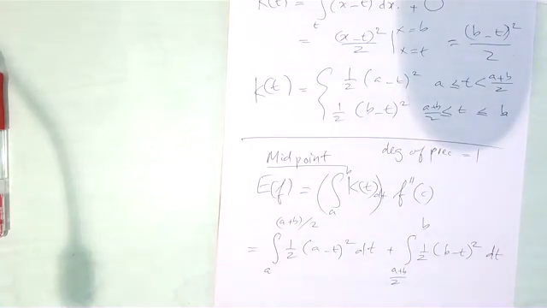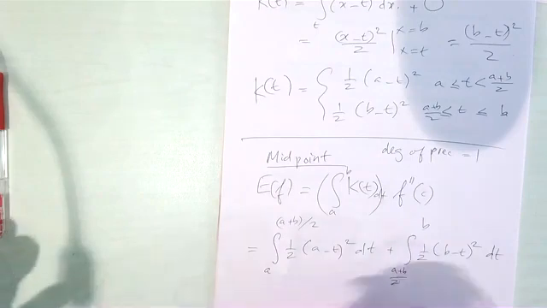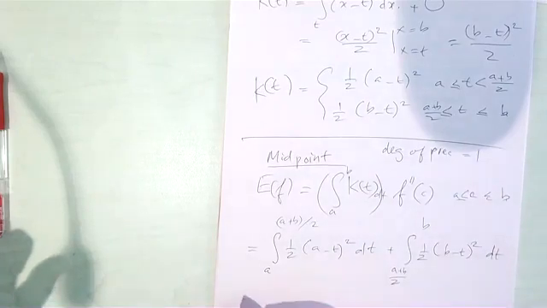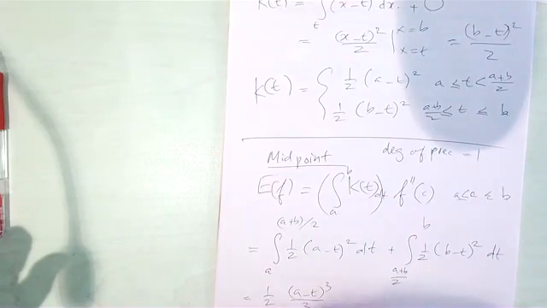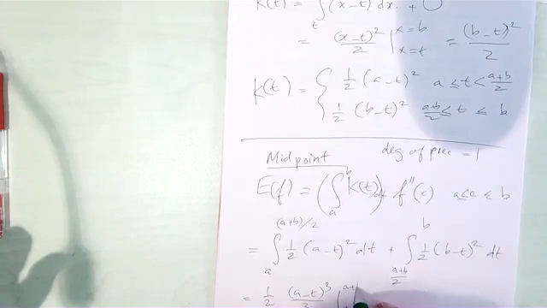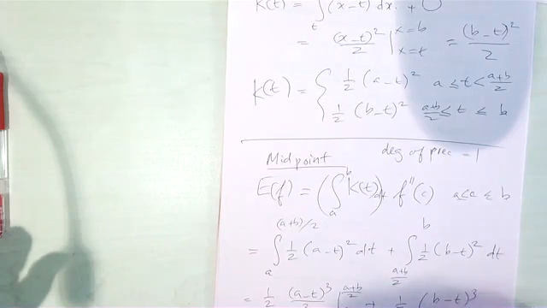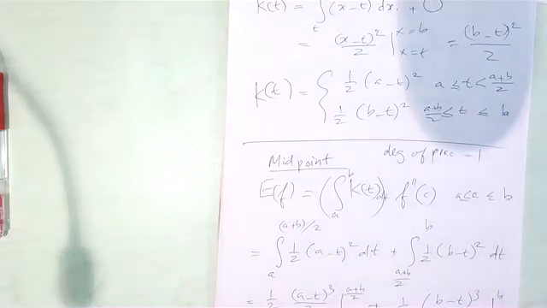It's an integral of the Peano kernel multiplied by the second derivative of f at some point c between a and b. If you do this calculation correctly, it is 1/2 times (a minus t) cubed over 3 from a to (a plus b)/2, plus 1/2 times (b minus t) cubed over 3 from (a plus b)/2 to b, and you should get (b minus a) cubed over 24.